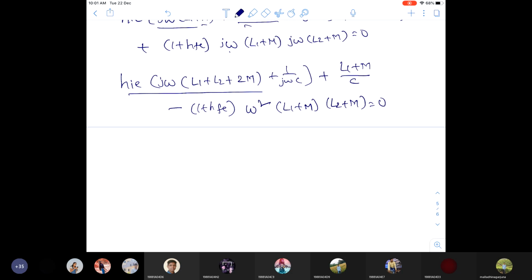So this is the imaginary part, because j is there. J is common, so you will get omega into L1 plus L2 plus 2M minus 1 by omega C.